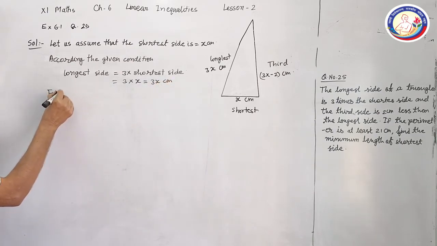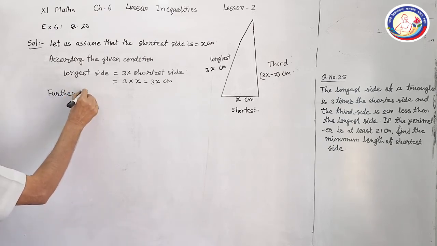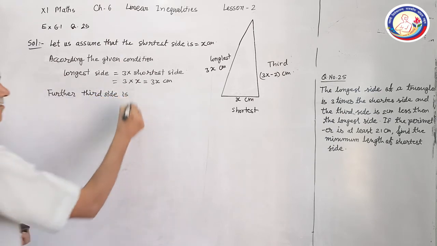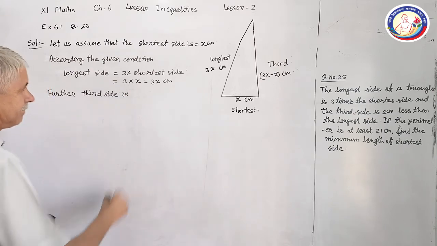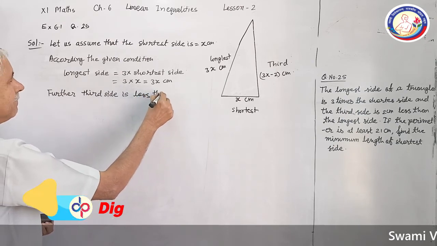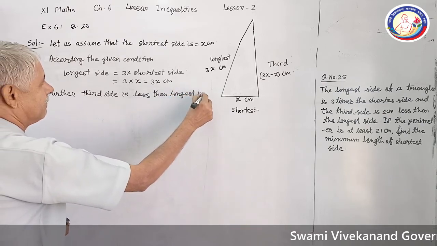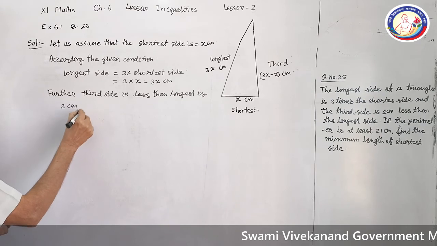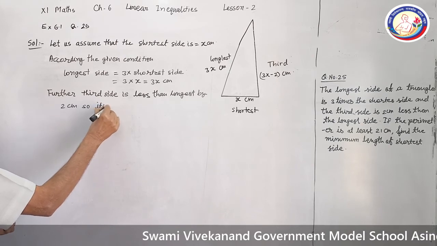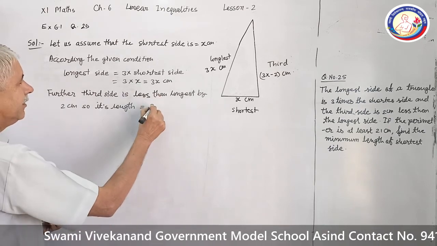Further, the third side length is equal to 3x minus 2.